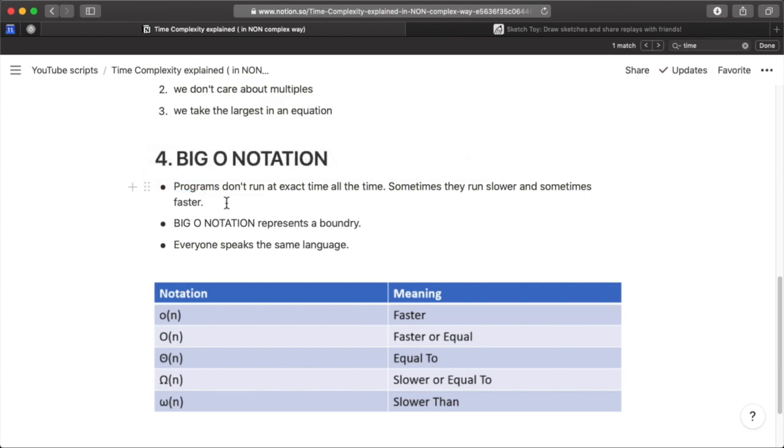So I want to mention here, programs don't run at exact time all the time. Sometimes they run slower and sometimes faster.